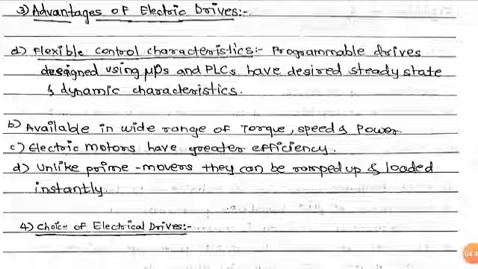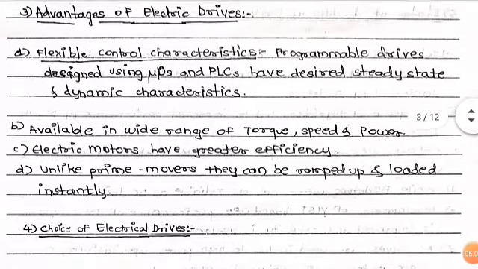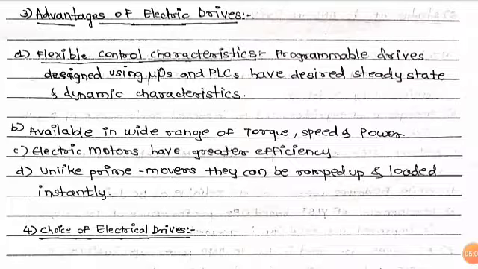I have seen motor up to 4 megawatt, which are almost the size of a 1-story or 2-story building. And even tiny motors generally used in toys or in some precision instruments, dental instruments and surgical instruments. So those are tiny motors.